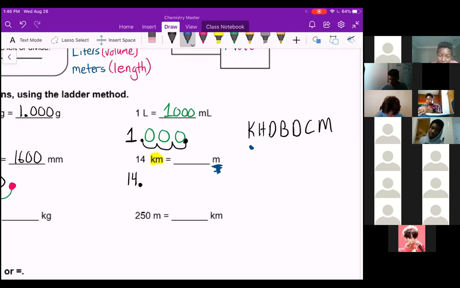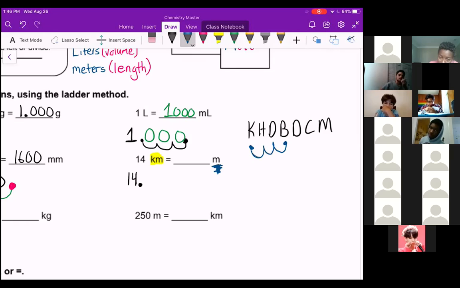Meters is the basic unit. Yes, it is. It's the basic unit. So we're going to move 1, 2, 3. This is where the basic unit is. I'm sorry, it's coming up. I'll do it again, in a different color. It's going slow. But it's 3 places.